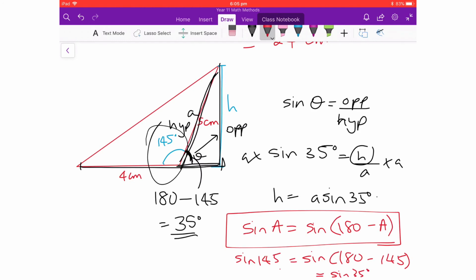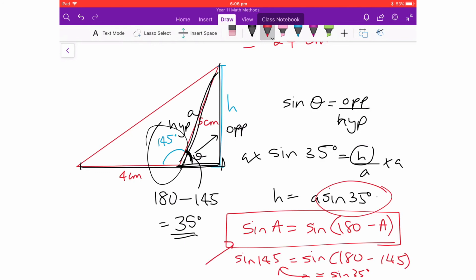So we can say that they're equal. So whether or not I use sine 35 or whether or not I use sine 145, I can still get the same value. Check it yourself. Put into your calculator, put in sine 35, put in sine 145 and see what you get. Those values should be the same because according to this lovely rule here, they are equal.